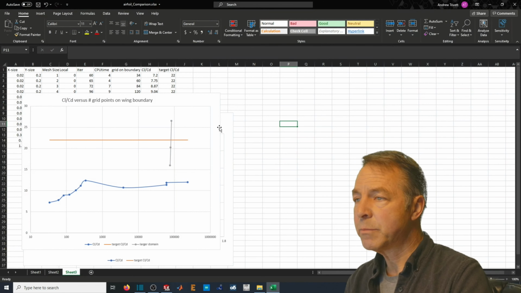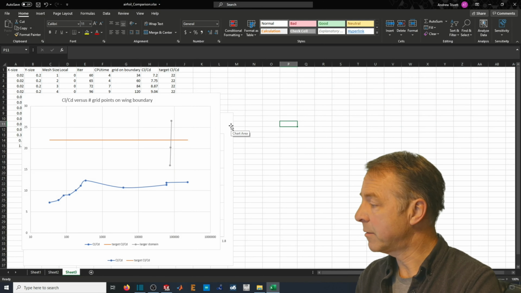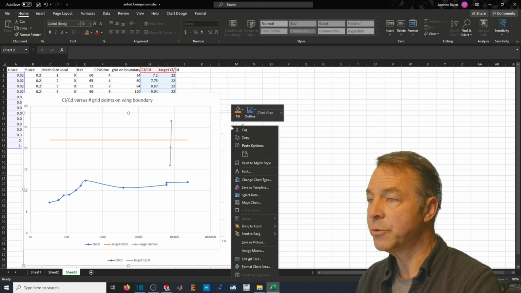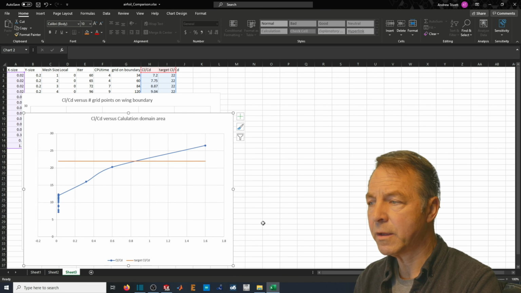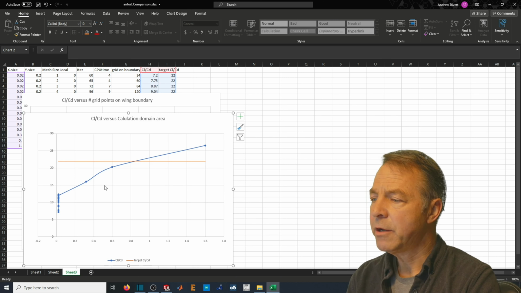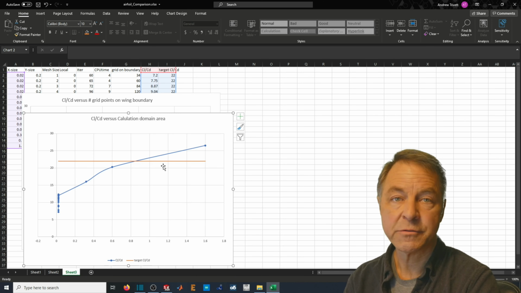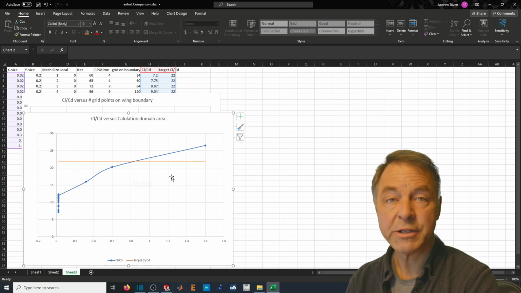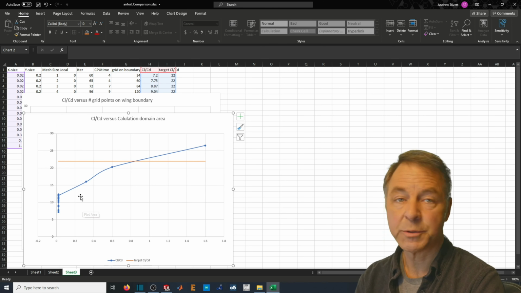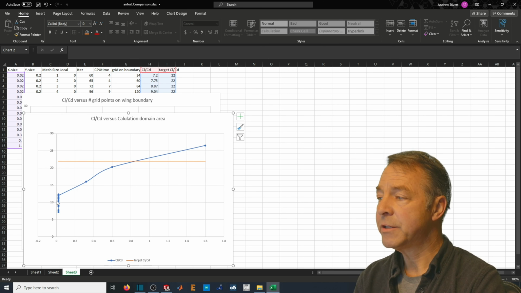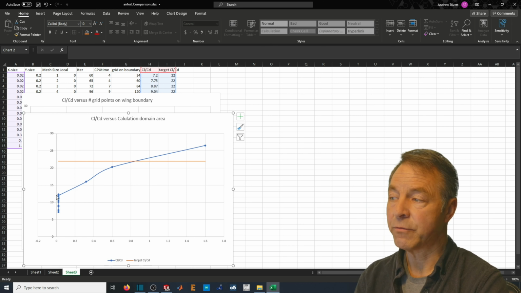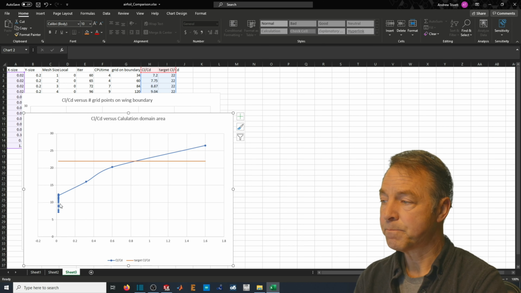This is my collection of data from a series of runs that I've done to show you this situation. Here I've got a plot of the lift to drag ratio that I've calculated from multiple simulations, where I simply took a variety of grid sizes.